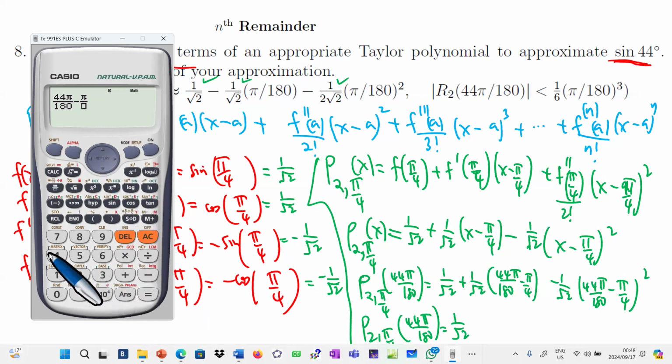You divide by 4. So what you're getting is, you see, from the 44 pi that you get minus pi over 180, minus pi over 180 radians.